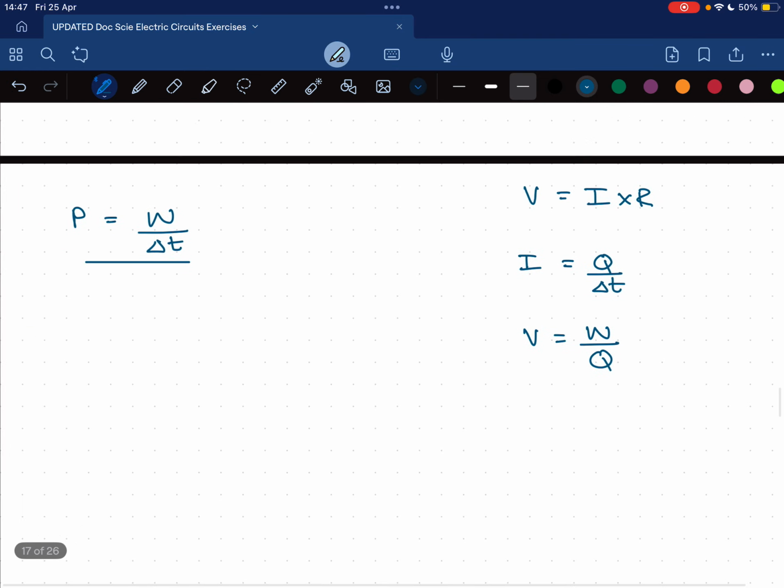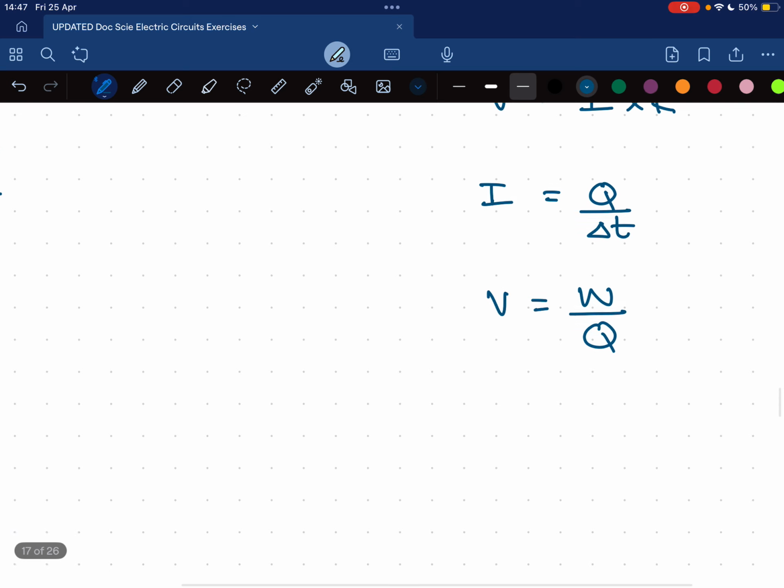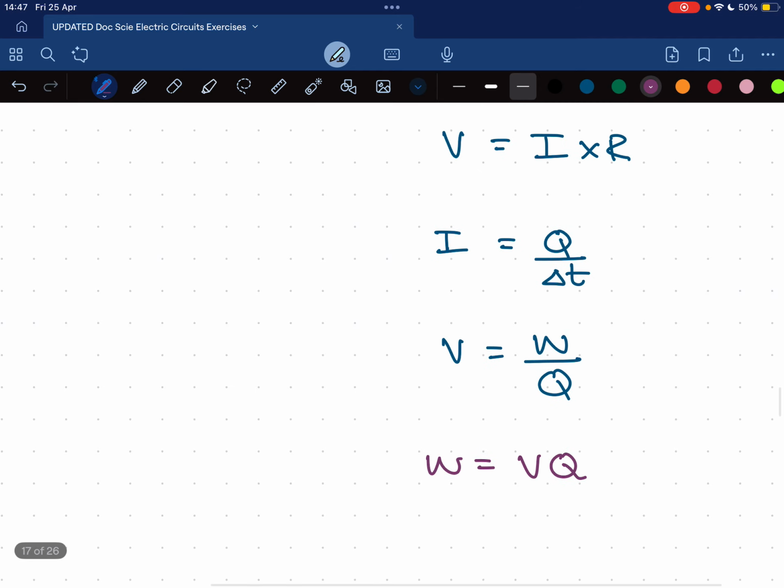So if we think about taking, let's say, something like the W, we could say W is equal to V times Q. But we also know that, well, let's take this one here.